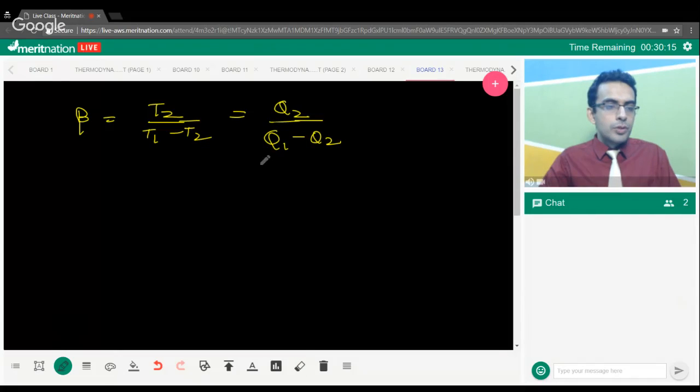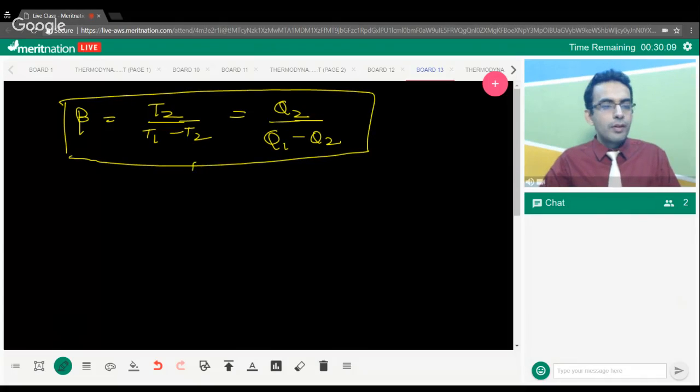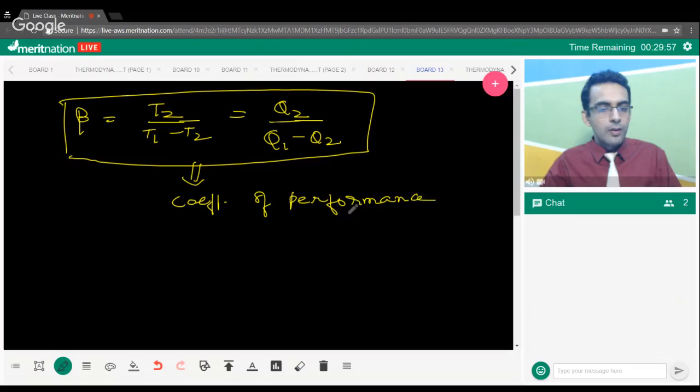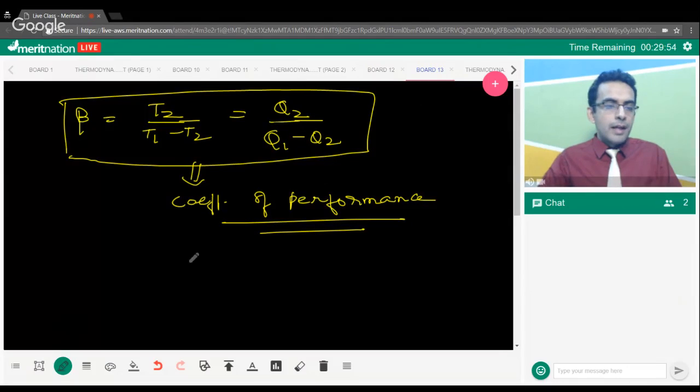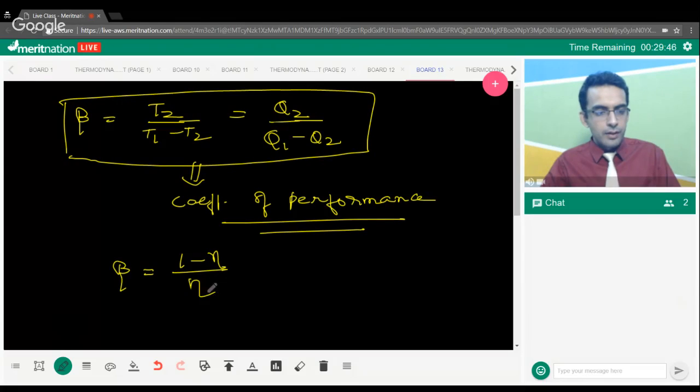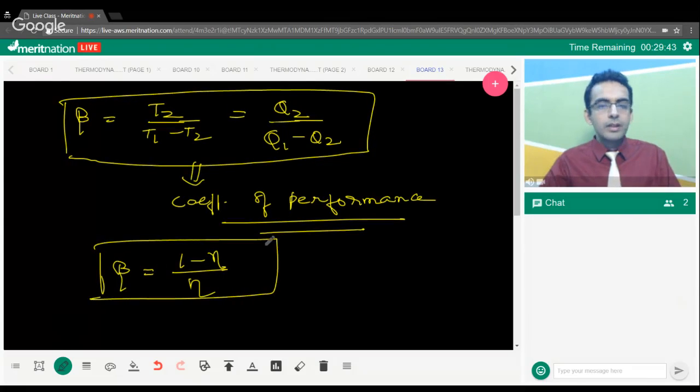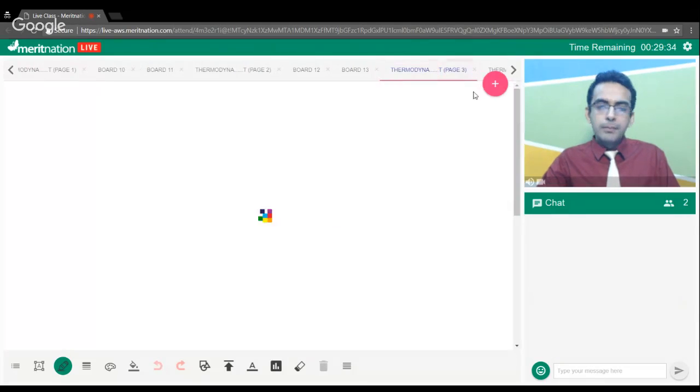So these are the two formulas that are important for this refrigerator, the coefficient of performance. And further, if you write beta and efficiency, they are related as 1 minus eta over eta. They are very important formulae for the refrigerator, and we have direct application of these formulae.